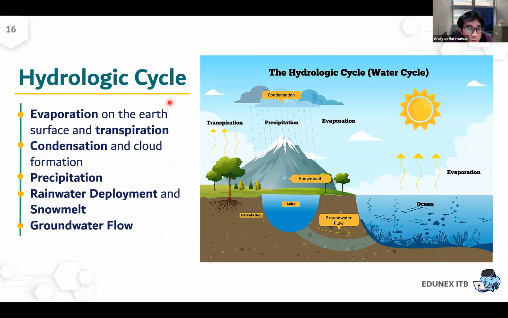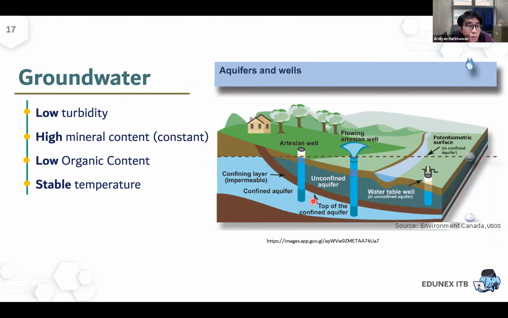Okay, you already know about the hydrological cycle. Now we will focus on two types of water that are normally used in industry, which is the groundwater, or well water, or we can call it deep water, and the other is surface water. This is the main characteristic of the groundwater.